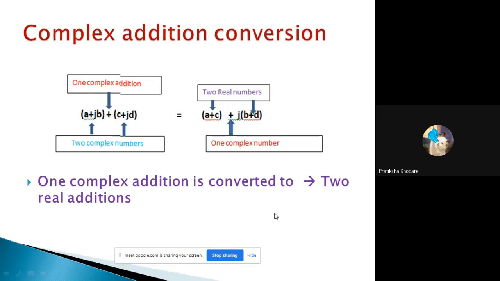Yes, sir. Okay, you just add one point there: one complex addition is converted to two real additions. Just note that part. These are all the things we require for the MCQ part. One complex addition is converted to two real additions.